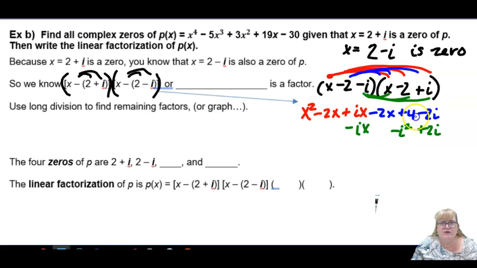All right, so whatever order you wrote all those in, go through and figure out what cancels each other out. Now, negative 2x and negative 2x is negative 4x. So I have x squared minus 4x. And then I have 4 minus i squared.